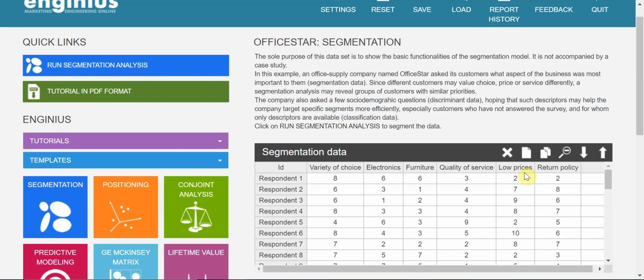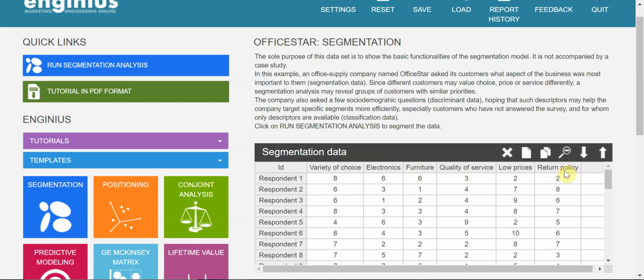In sum, you need to ask this question: how important is each attribute? Listed here are the important attributes for Office Star. We can find out different needs using these different attributes: variety of choice, electronics, furniture, quality of service, low prices, return policy.